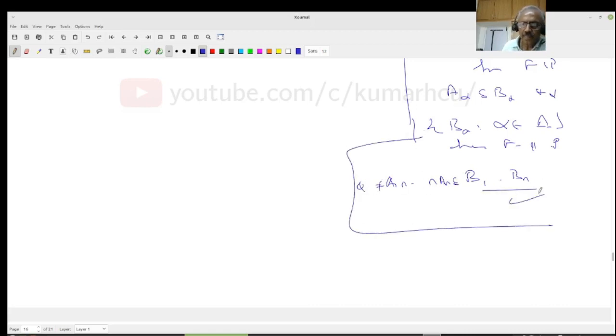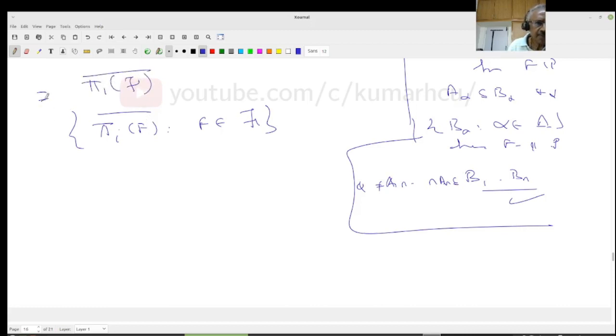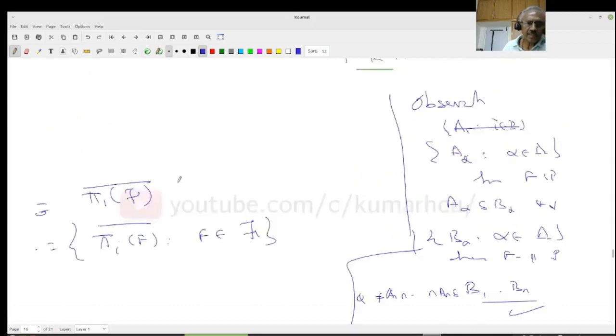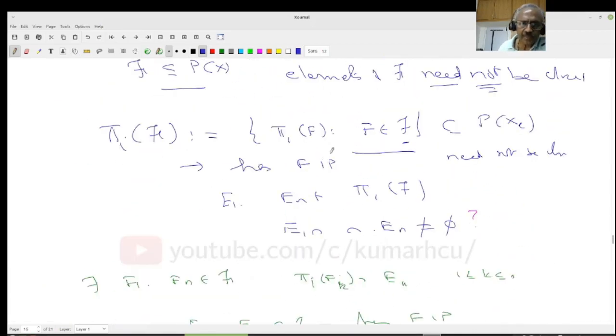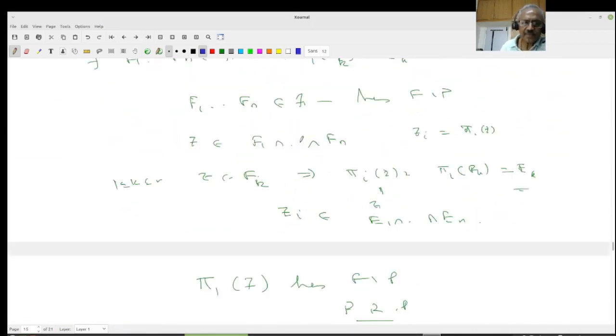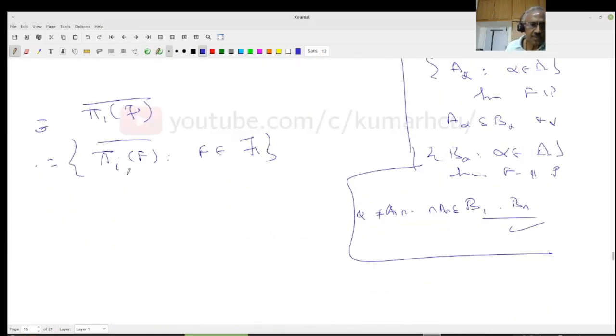Okay, is this clear? Therefore, let us look at pi_i of F closure as F varies over script F. This I will simply denote by pi_i of F closure. This is just a notation. Remember, the family pi_i of F has FIP, right? Therefore, this family pi_i of F closure contains pi_i of F, and by this observation, it has FIP.